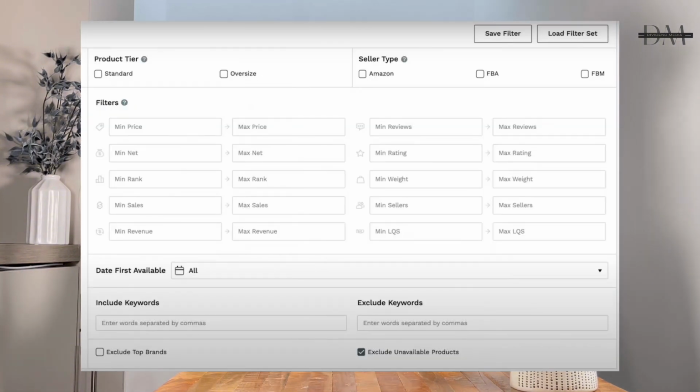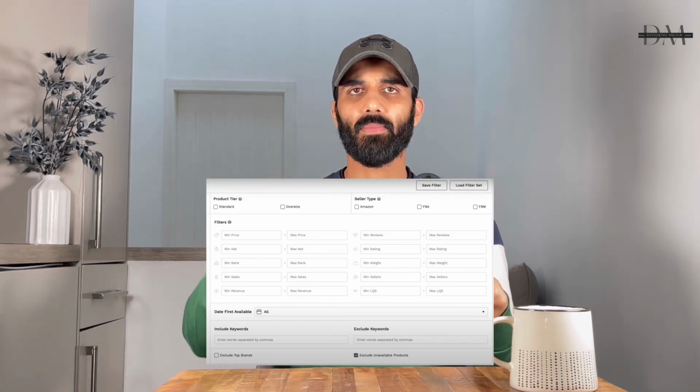And these are very critical filters that you need to be applying. One of them is to keep your minimum price at $20. The reason for that is because anything below $20, $5, $10, or even $15, you're not going to be left with too much of a margin when it comes to profitability.